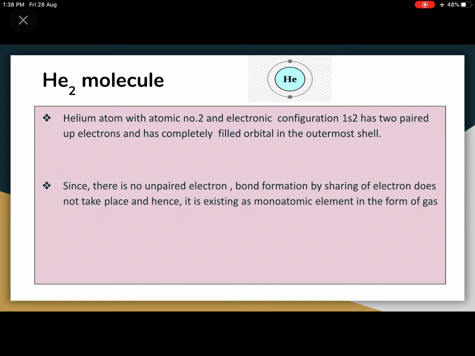Since there is no unpaired electron, bond formation by sharing of electrons does not take place, and hence it exists as a monoatomic element in the form of gas.